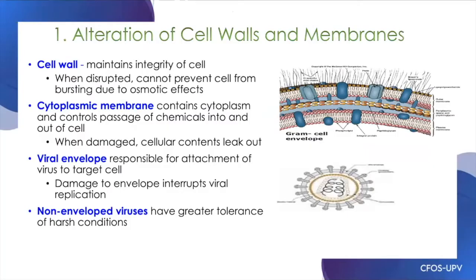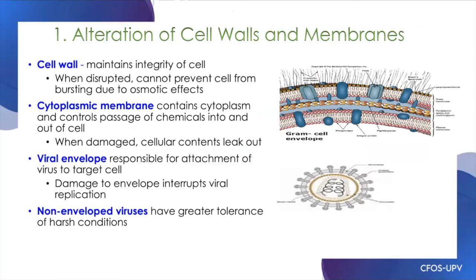So, for the alteration of cell walls and membranes, sa cell wall, we know that it maintains the integrity of the cell. And once this is disrupted, it cannot prevent the cell from bursting due to osmotic effects. So, yung cytoplasmic membrane contains cytoplasm and controls passage of chemicals into and out of the cell.